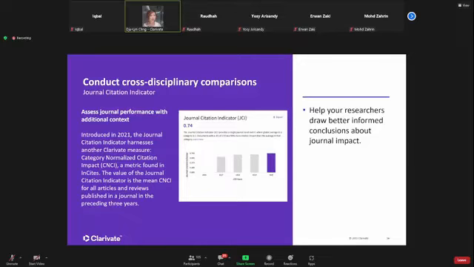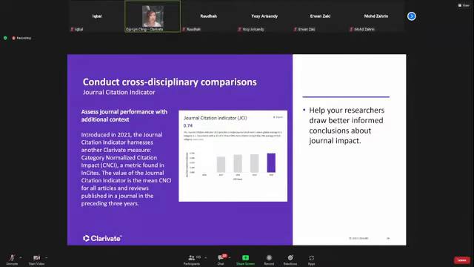The Journal Citation Indicator, on the other hand, allows you to conduct some kind of comparison across disciplines. Why is that so? It's because this indicator is a journal-level, article-level normalized metric.